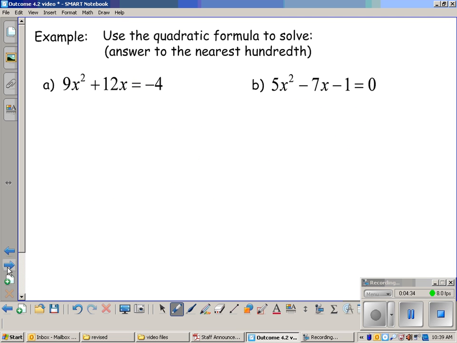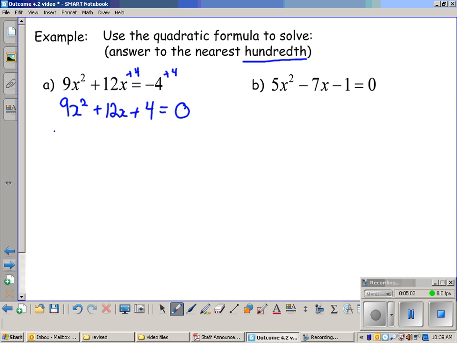Let's try a couple more. This one tells us to go to the nearest hundredth. So in the end, we can accept an approximate answer. Example A is not written in standard form, so let's rewrite it. 9x squared plus 12x. I need to bring this negative 4 to the other side, so I'm going to add 4 equals 0.